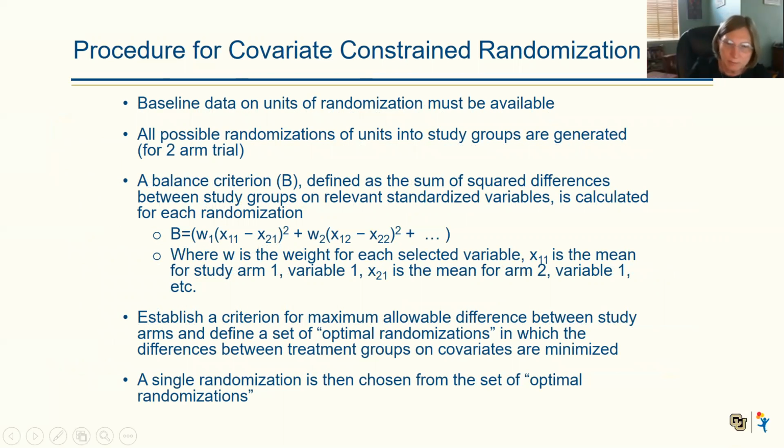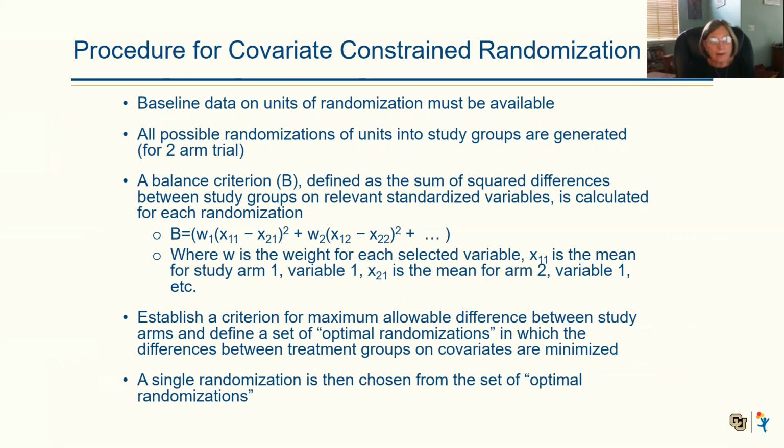So the procedure that's outlined, we have to have baseline data on all the units of randomization. So in this case, it was county level data on all the variables that we wanted to include in this procedure for covariate constrained randomization.